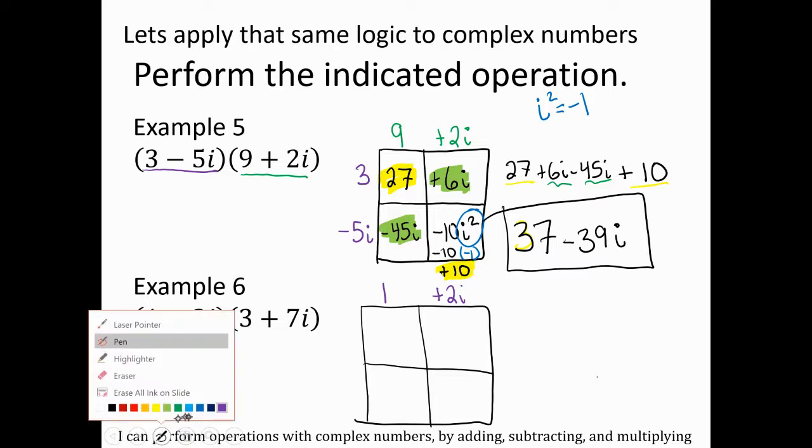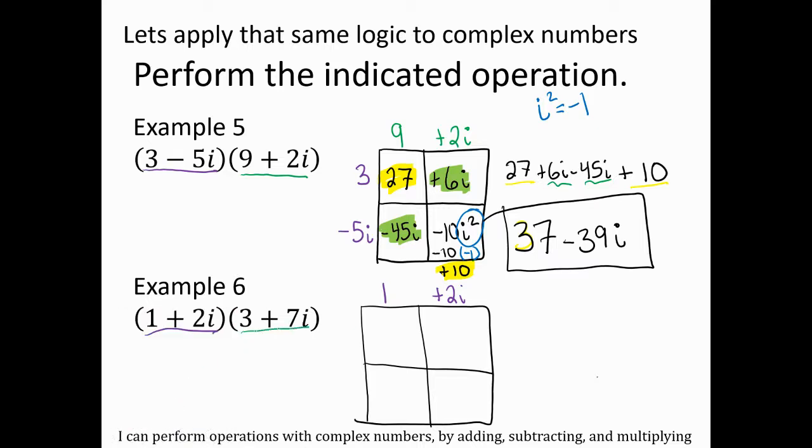And then this one can go on the side if you want. Just make sure same parentheses goes on the same side. Now we're going to multiply. 3 times 1 is 3. 3 times 2i is 6i. 7i times 1 is positive 7i.